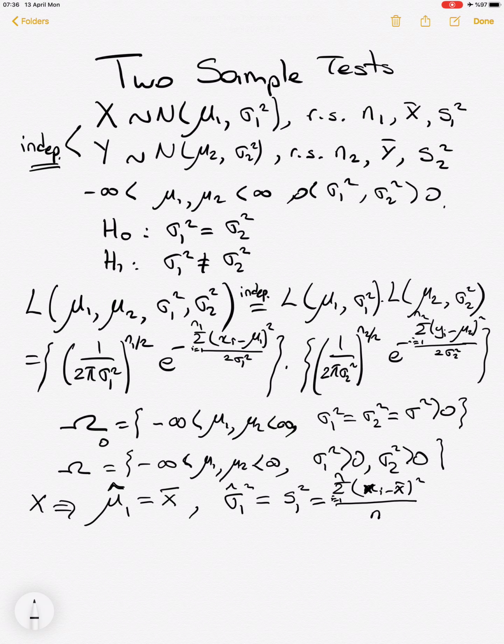At the end of the maximum likelihood procedure, we will get a biased version of the estimate. Under Y, mu2 will be y bar, and sigma 2 square will be s2 square. But again, here we assume that it is the biased version, 1 over n2.